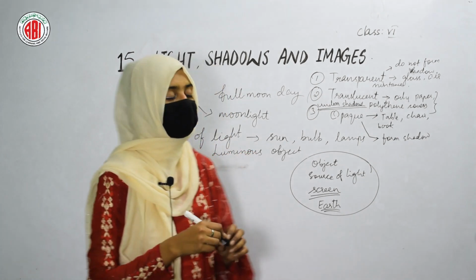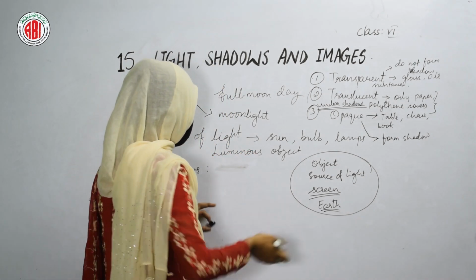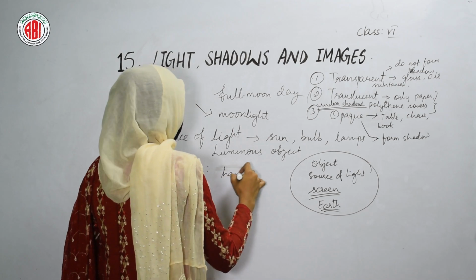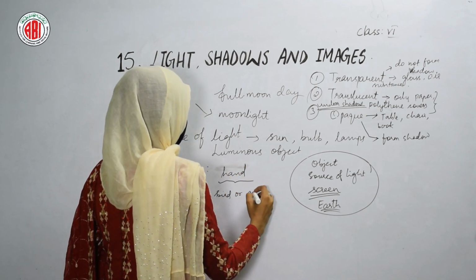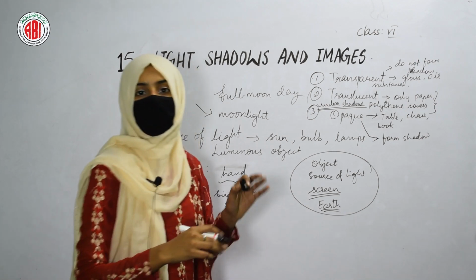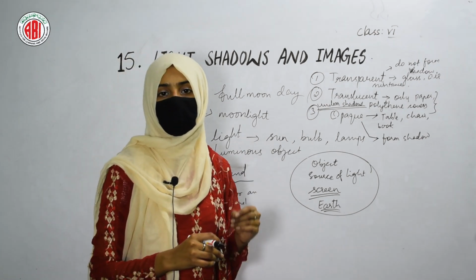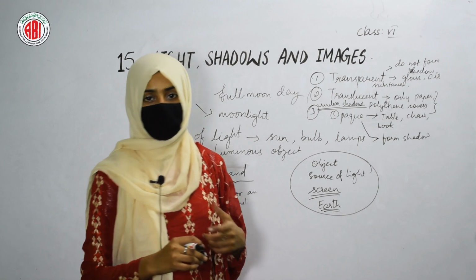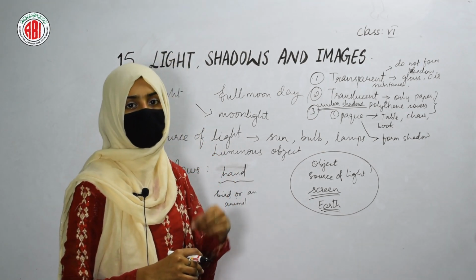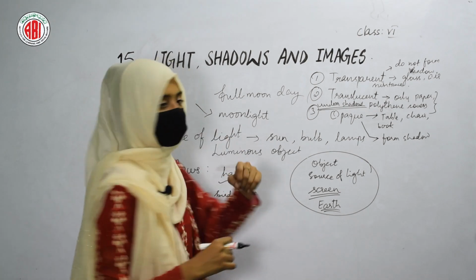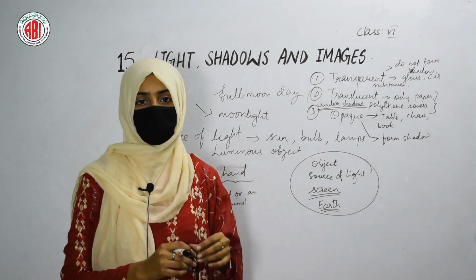For example, when you see the shadow of a human hand, it resembles a bird or an animal. In this way, guessing an object by looking at the shadow is not a simple task. It is not going to give proper information about the image of an object.